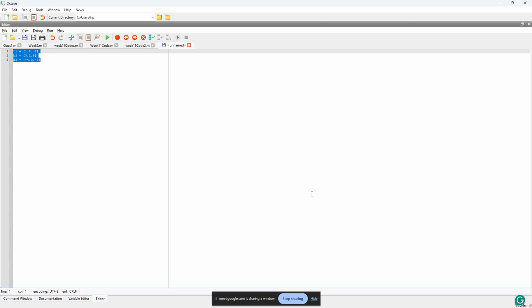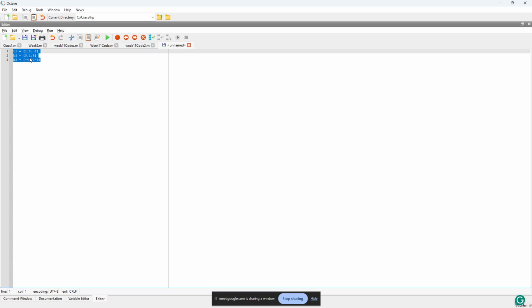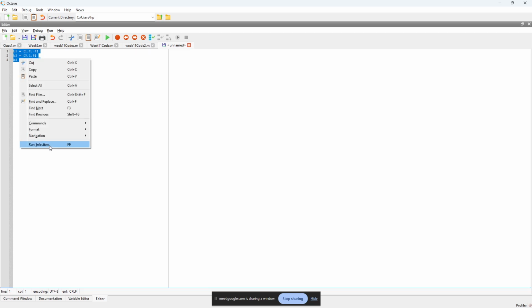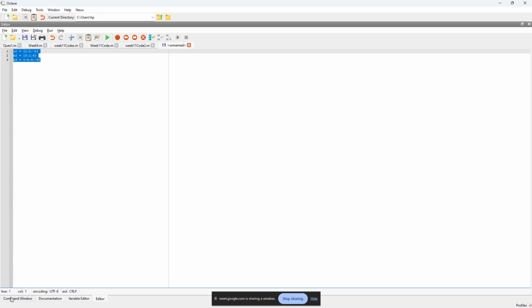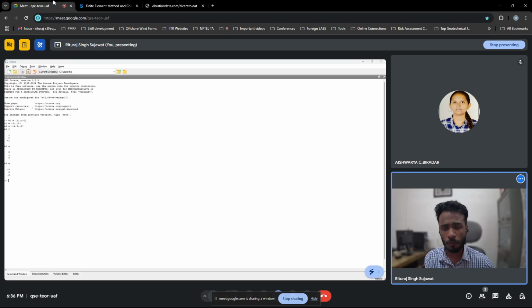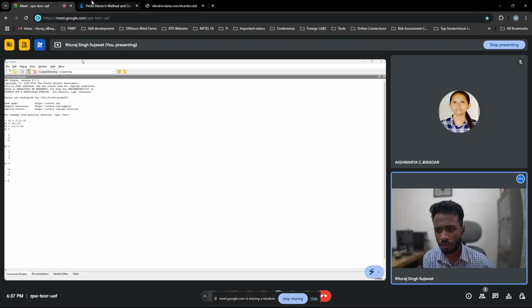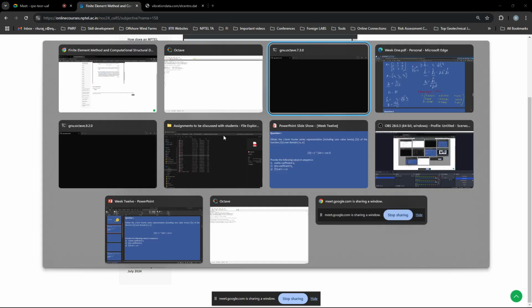If I run this code, I should get 3 vectors in the command window. Now we need to obtain the first vector.